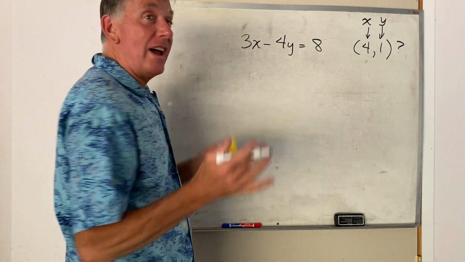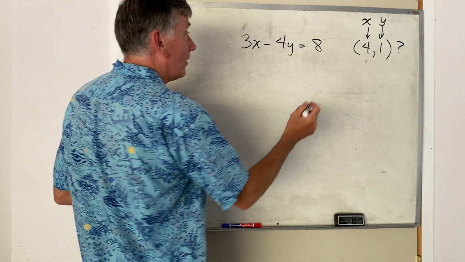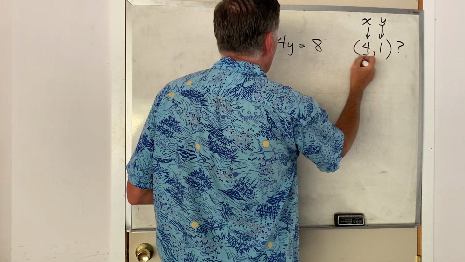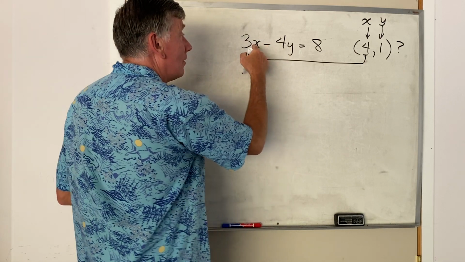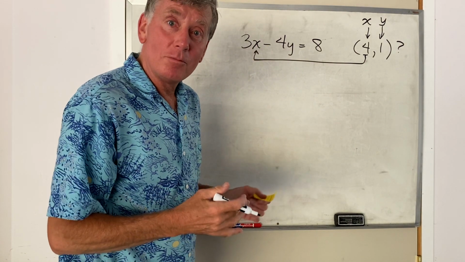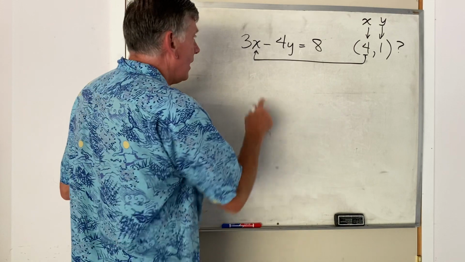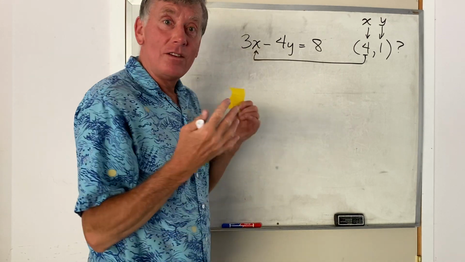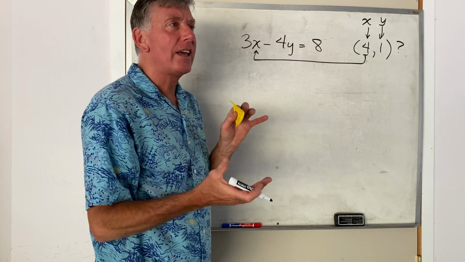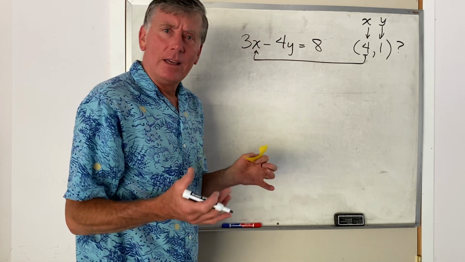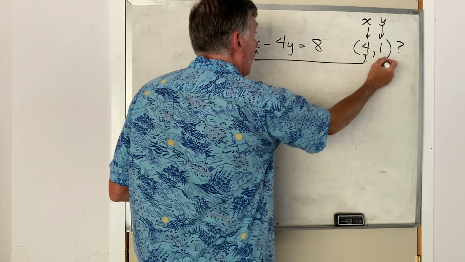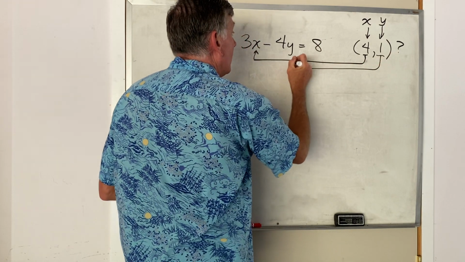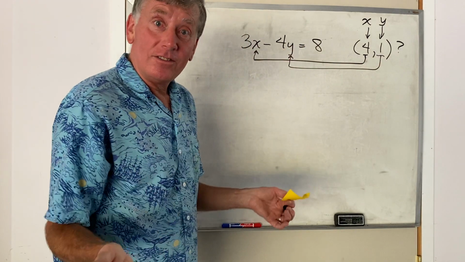To find out if this works or not, I'm going to simply take this 4 and put it in this slot described by the letter x. This x is a placeholder. It's like a bucket, and I'm going to see if I put the number 4 in there and the number 1 in for y, does it work?